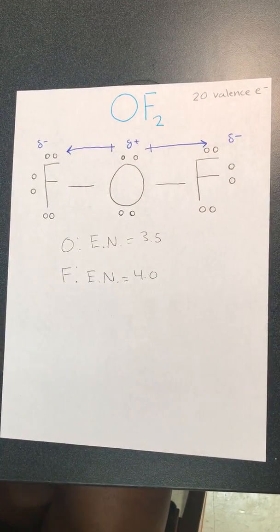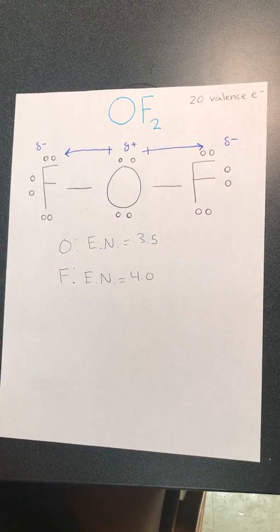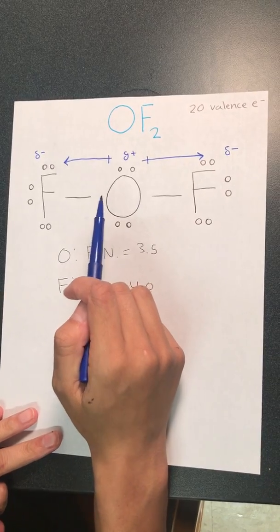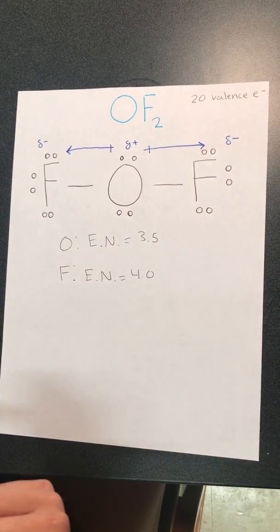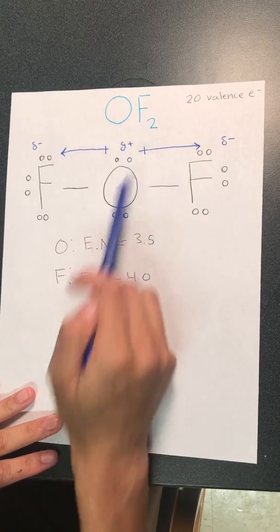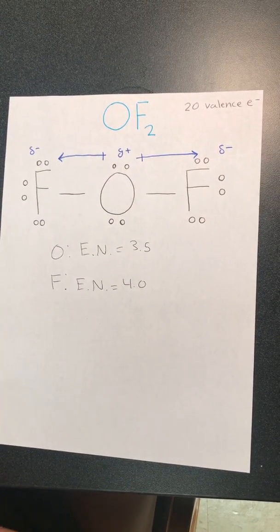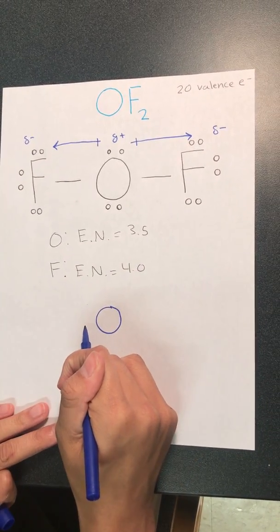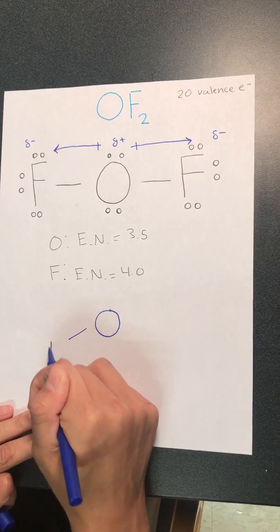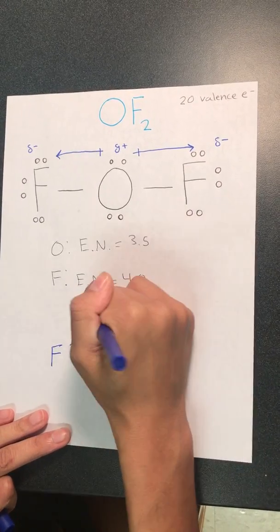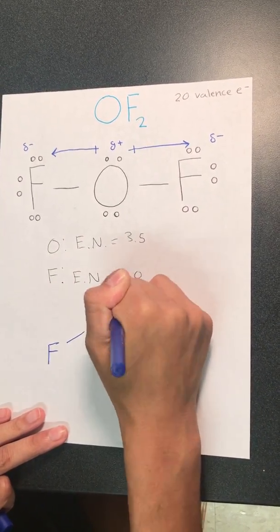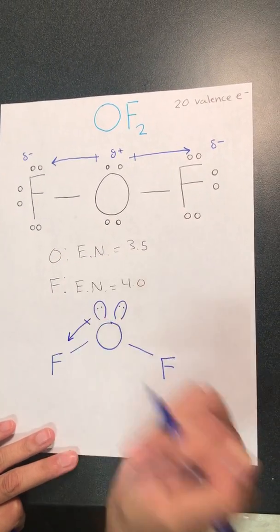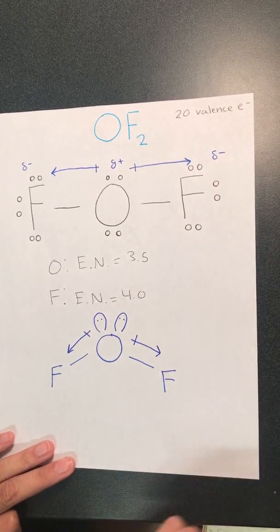And then we'll go ahead and draw our molecular geometry structure. Oxygen has 4 domains, but we're not looking at the non-bonding pairs. And so we have oxygen, and then we have our 2 fluorines, and then we'll also go ahead and draw in our 2 non-bonding pairs to show the differences, and our 2 bond dipoles.